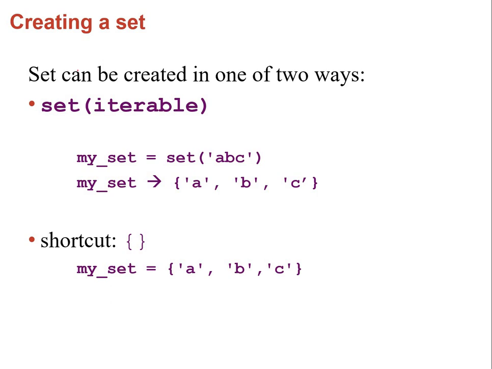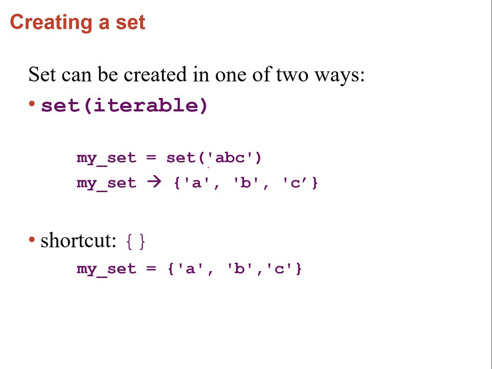A set is an iterable object in Python. If you want to define a set, you can do it with the set function. So you write set, then parentheses, and then anything iterable in those parentheses. Iterable again means it can be a string or list.